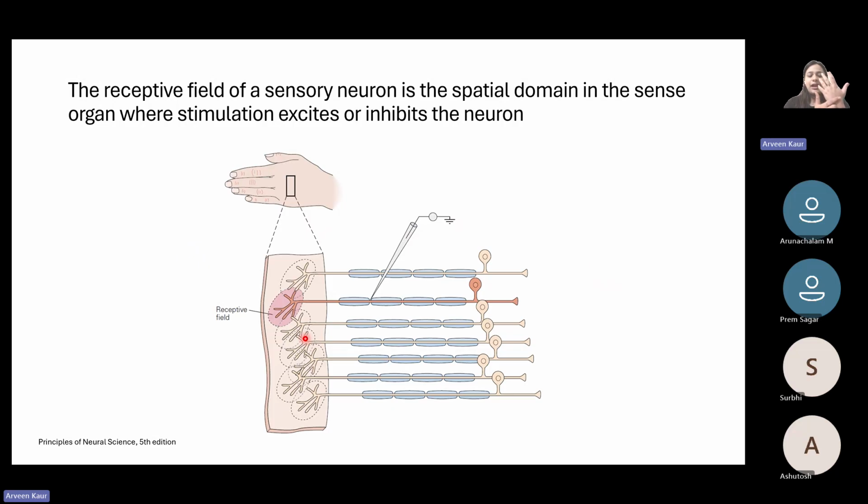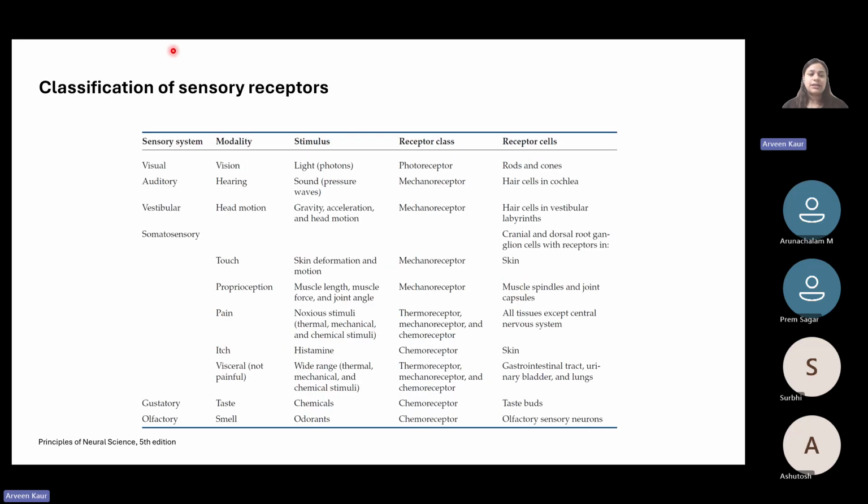It will not affect the entire hand, maybe, right? So the receptive field is smaller. That is basically the area which is stimulated by a particular stimulus, right? So over here, this is a representation of the receptive field of the hand, for instance, right?